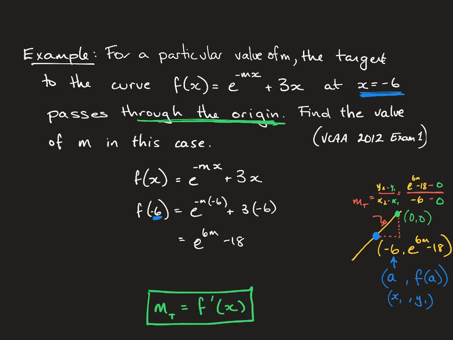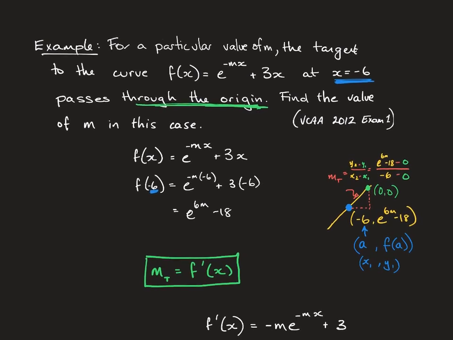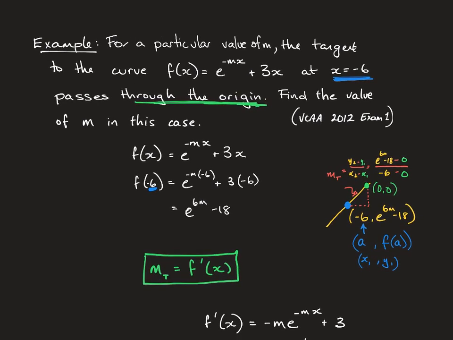So let's go ahead and find the derivative of f of x. And remember, be really, really careful with the derivative of your exponential. Minus m comes out the front, and for 3x, the derivative is just 3.